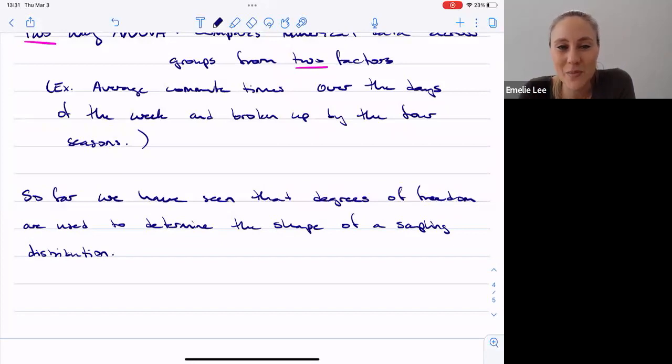But where it comes from is the number of values that are free to vary given some information. So for example, if I'm doing a t-test, then I am testing one mean.